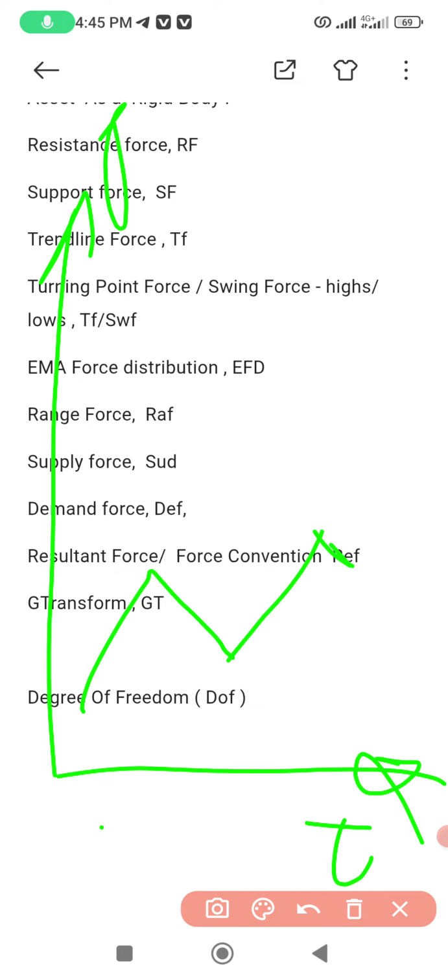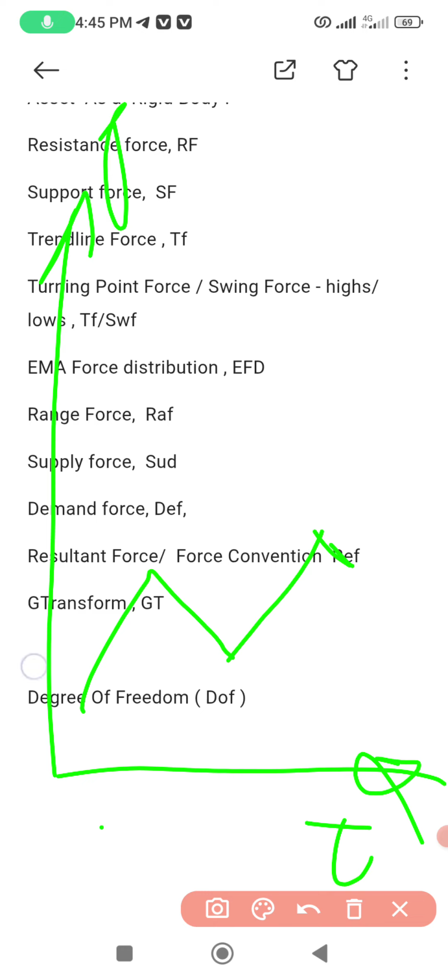Now, if we want to represent this with a force convention, resultant force and then force convention, first of all, you consider the main direction as the resultant. So how do you model the main direction? You use the slope. So it is positive sloping. That's the main direction.